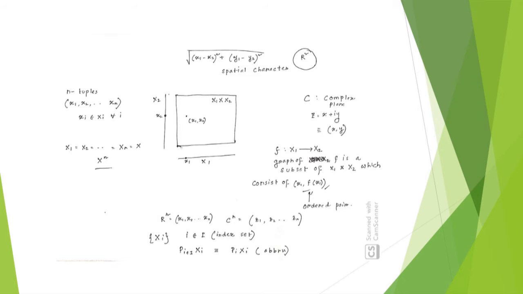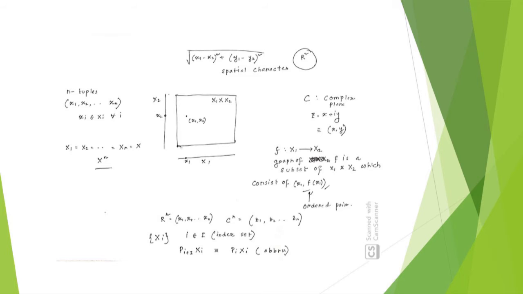Now if all the Xi's are the same, that is, if they are all replicas of a single set capital X, that is X1 equals X2 equals up to Xn, they are all equal to capital X, then the product is generally denoted by the symbol X to the power n.